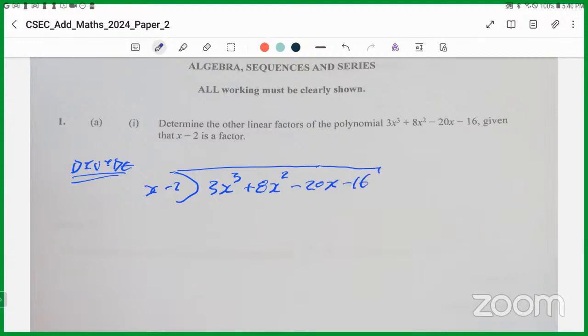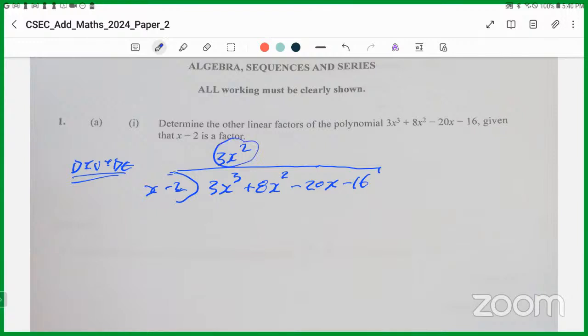This is the advanced paper just set in June. So it is 3x cubed divided by x, gives me 3x squared.